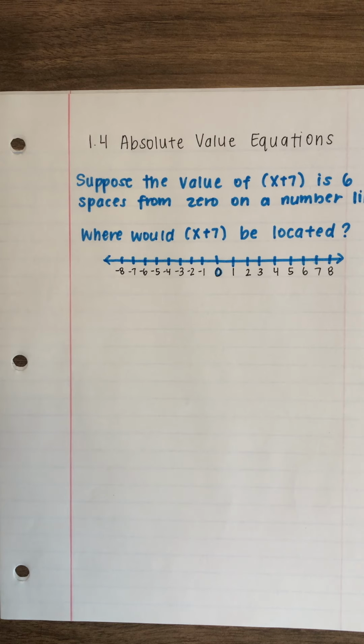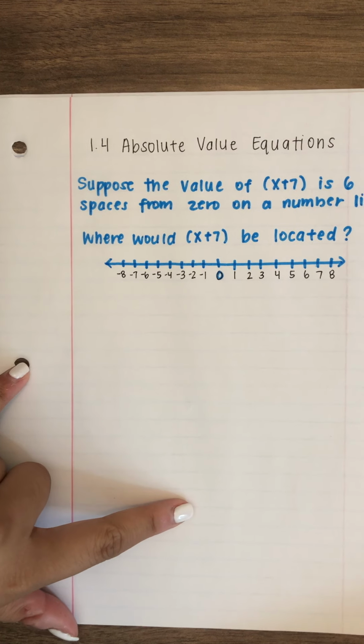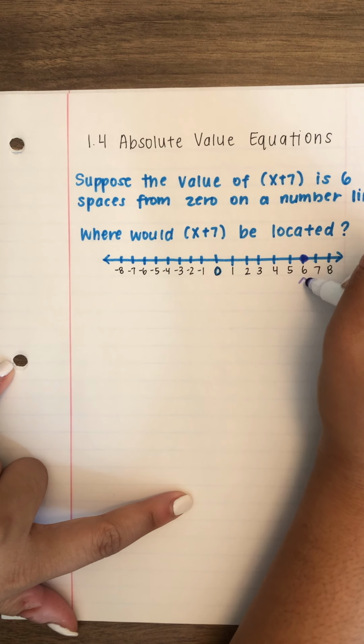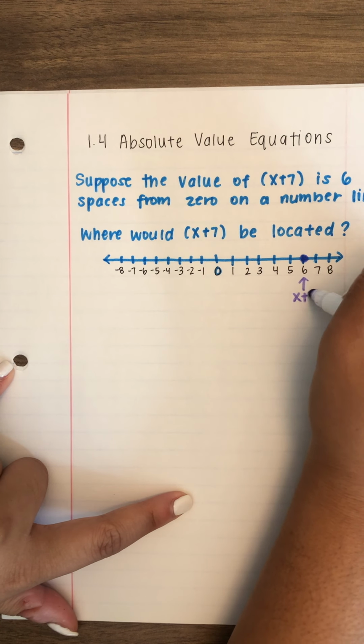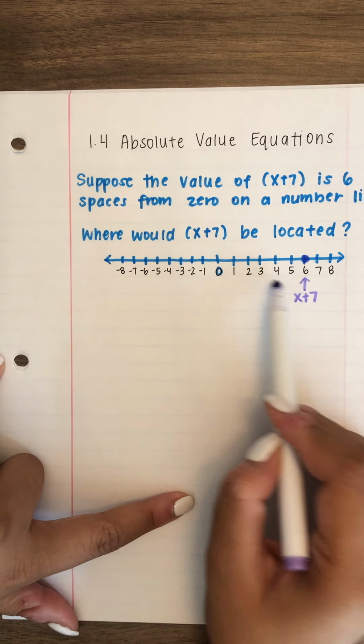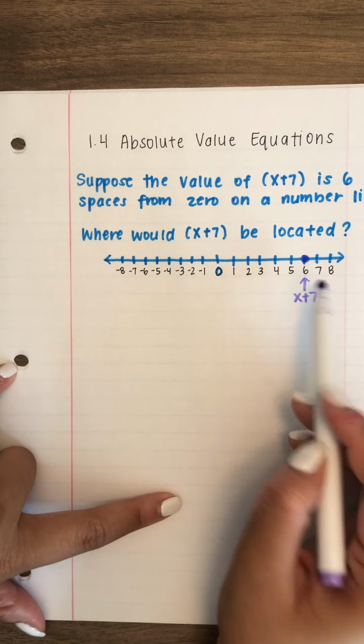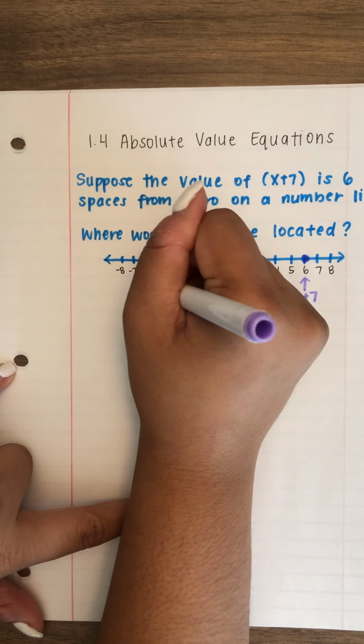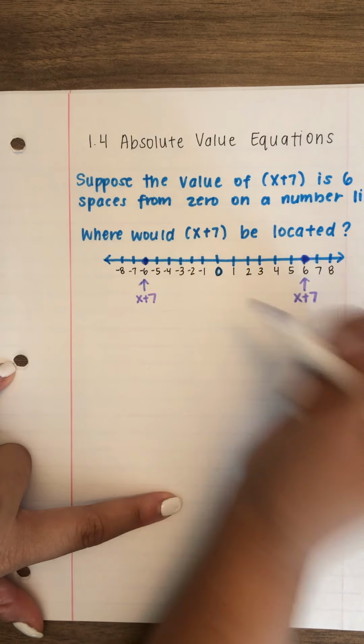So 6 spaces from 0 is either going to be 6. So here, x plus 7 could be 6 because it's 6 spaces away from 0. But it could also be -6 because -6 is also 6 spaces away from 0.